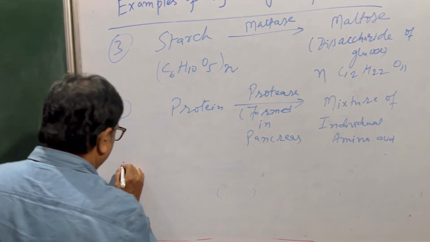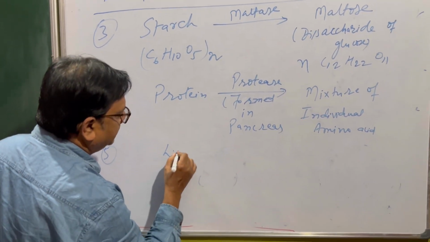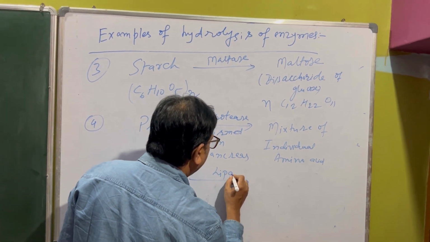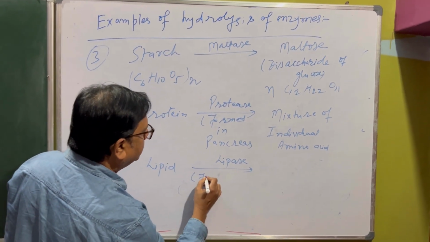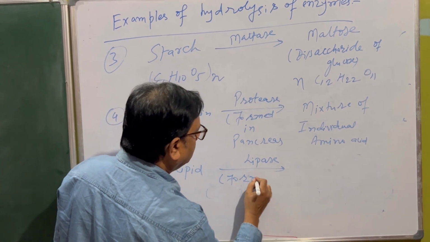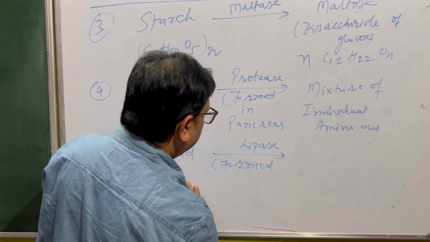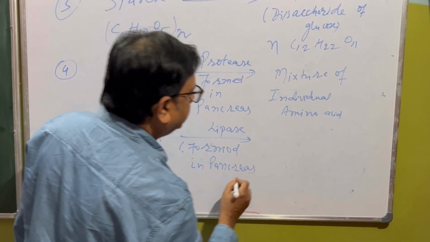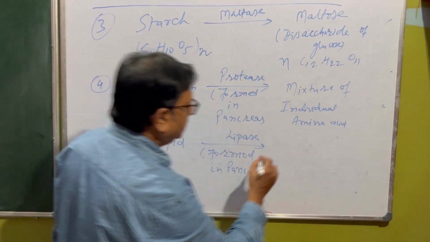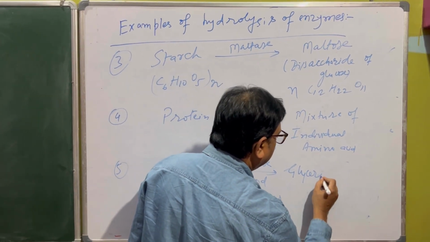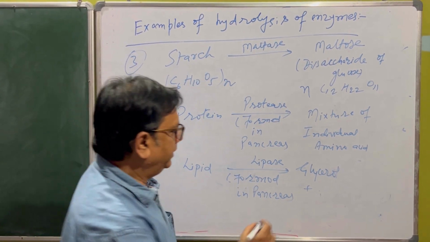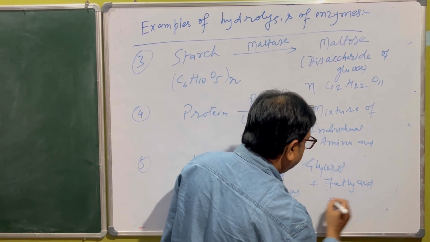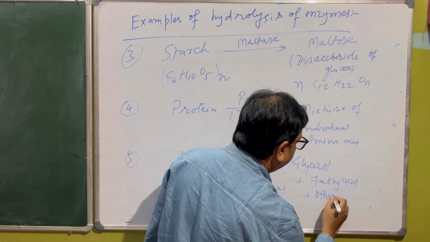Similarly, if you have lipid and the enzyme is lipase, which is also formed in the pancreas, what you will get is glycerol, fatty acids, and other products.